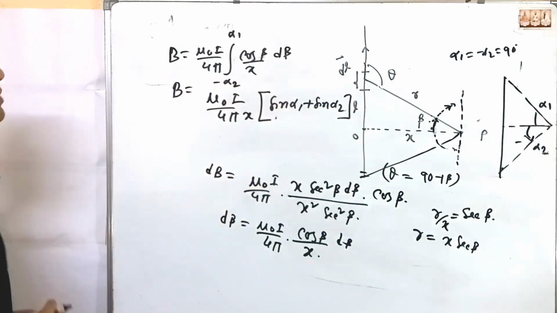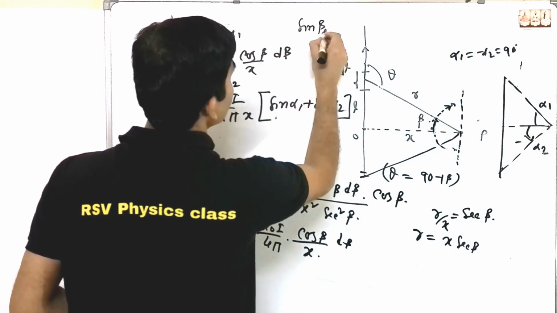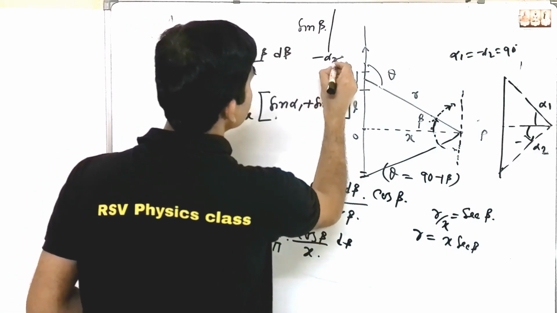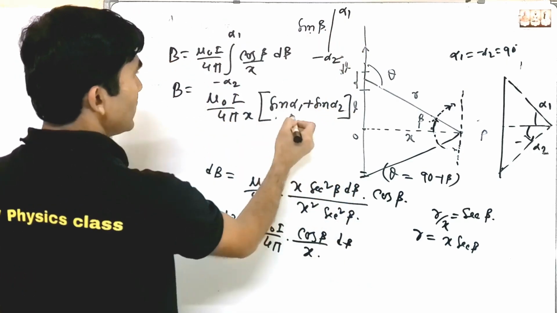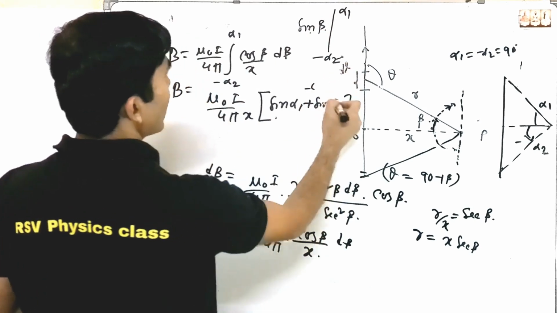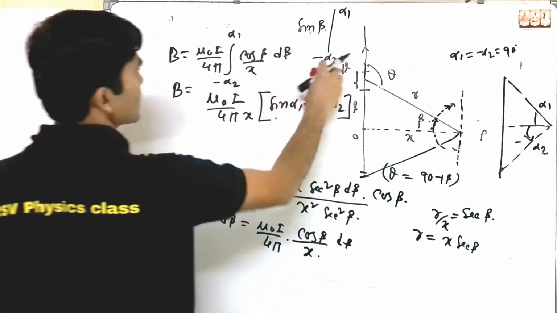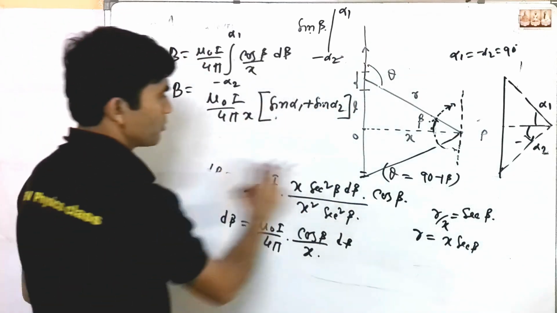The integration of this will be sin beta, and the limits are minus alpha 2 to alpha 1, so sin alpha 1 and minus of sin minus alpha 2, so this is plus. So this is integration. When you learn integration, your life will be simpler.